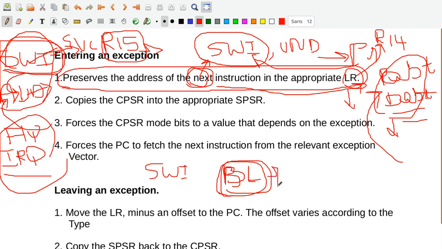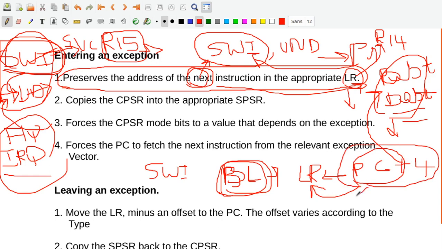Whenever this happens, what do you store here? You copy the PC, the address of the next instruction, to the link register. Of course, PC plus 4 is stored here, don't get confused.